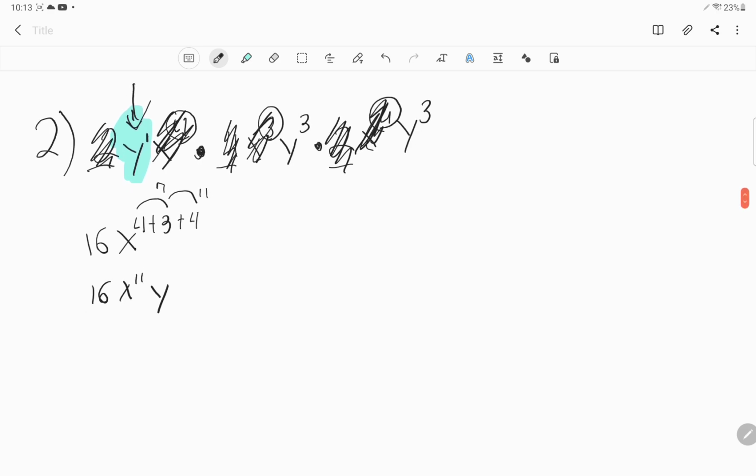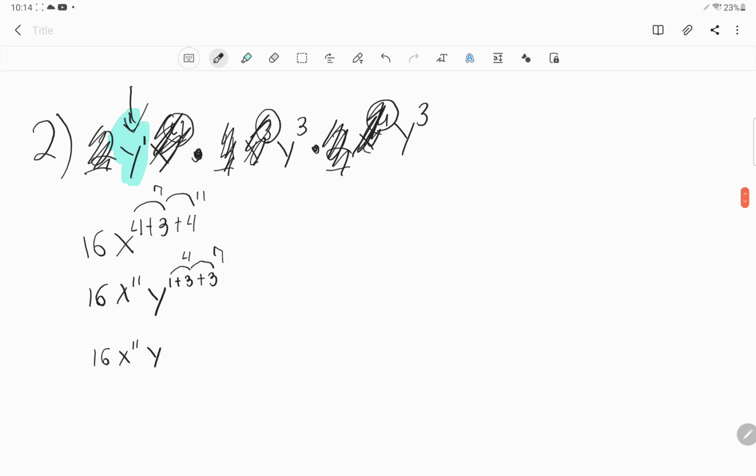Since I'm adding my exponents, it's going to be 1 plus 3 plus 3. 1 plus 3 is 4, and 4 plus 3 is 7. So my final answer should be 16x to the 11th y to the 7th power. That's my answer for number 2.